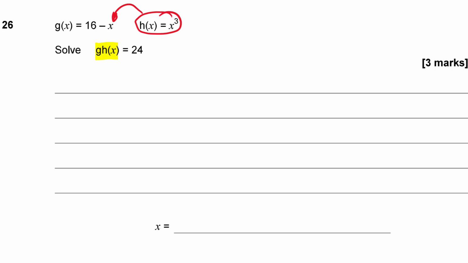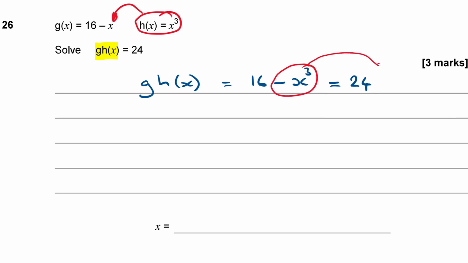So gh of x then is going to be 16 minus x cubed. Now we're told that that is equal to 24. So what value of x makes that true? Well, I think probably the easiest thing is if I take that x cubed and move it to that side, that will make it positive.